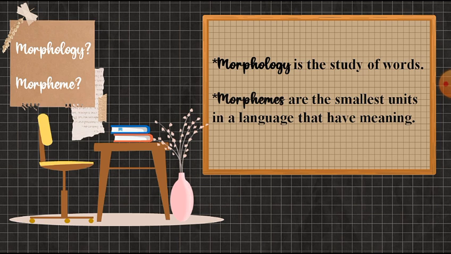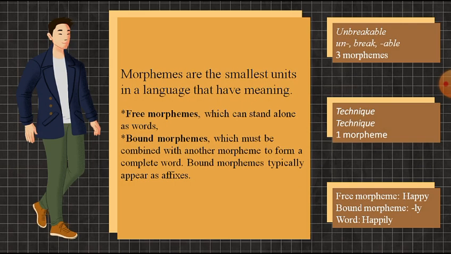So, to help you understand what morphemes look like, I'm going to give you some examples of morphemes. Here we have unbreakable. In the word unbreakable, there are three morphemes: un, break, and able.